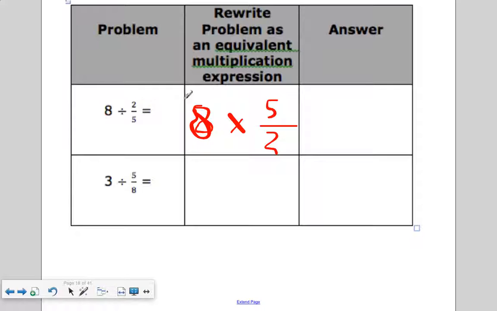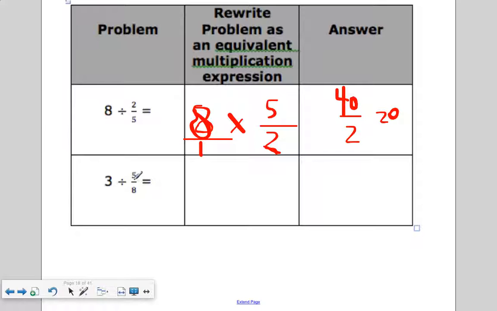What's the reciprocal of 2/5? So that'll be 40. 8 times 5 is 40. 40 halves is 20. Again, if you don't know how I got that, turn this 8 into a fraction form. 8 times 5 is 40. 1 times 2 is 2.